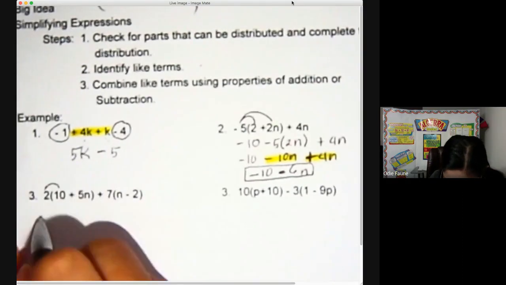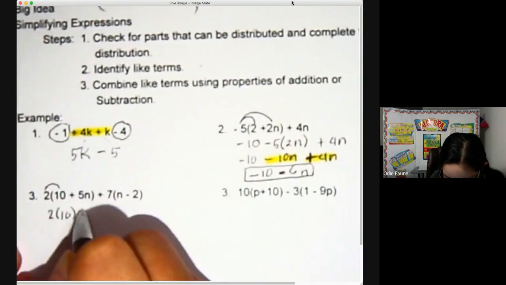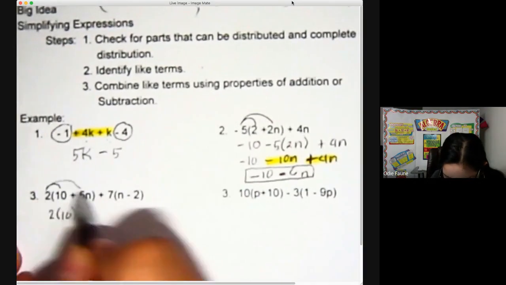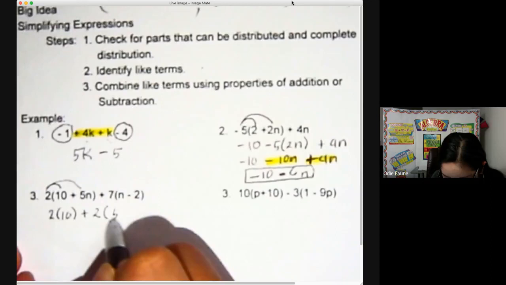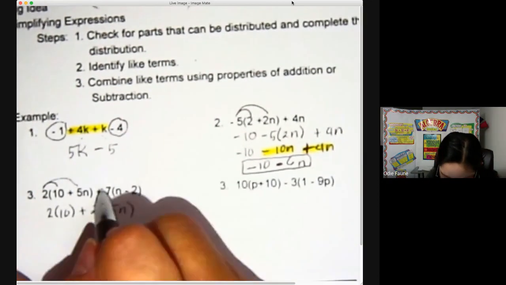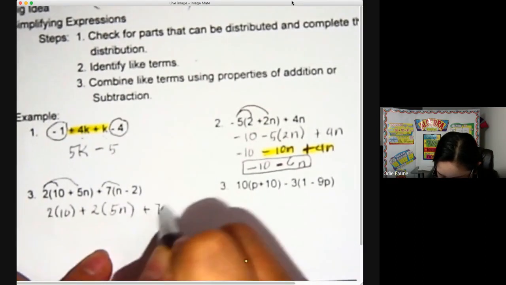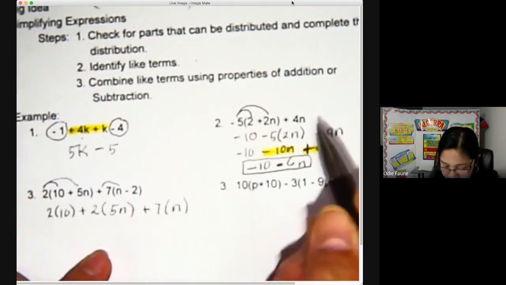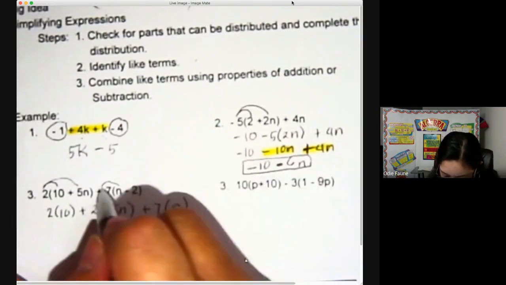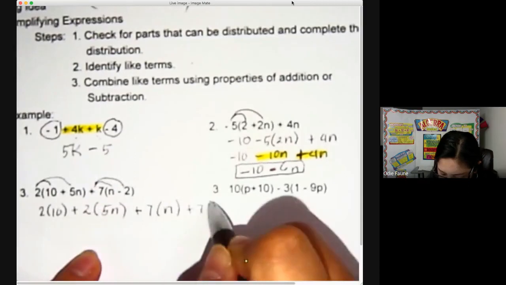So this is the same as 2 times 10 plus 2 times 5n. And then the sign of 7 is plus, so we use plus here. 7 times positive n. Another, we distribute that there, plus 7 times negative 2.